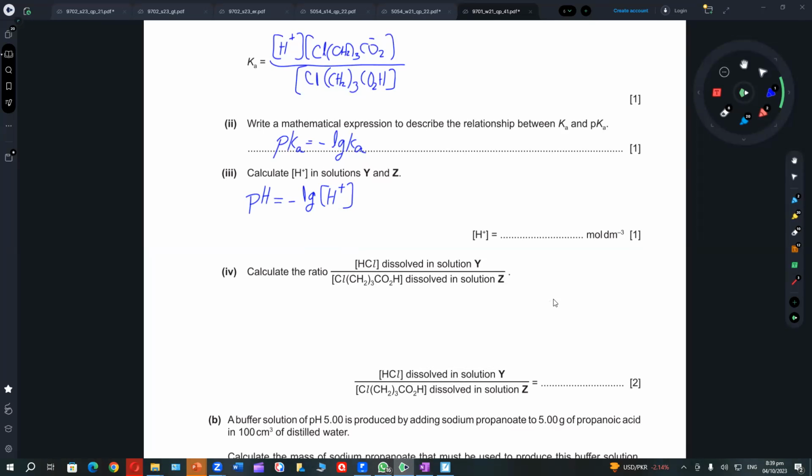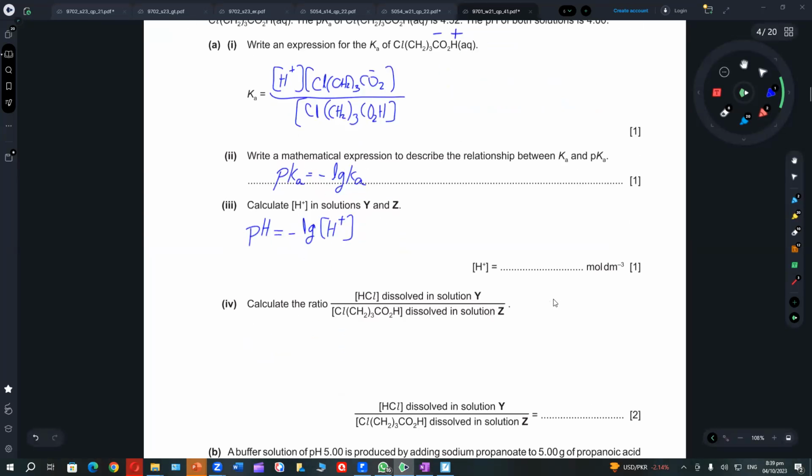It's an inverse logarithm. So when you put pH as 4, you can use the shift button in the calculator to find H plus. It will be 1 times 10 to the power of minus 4.